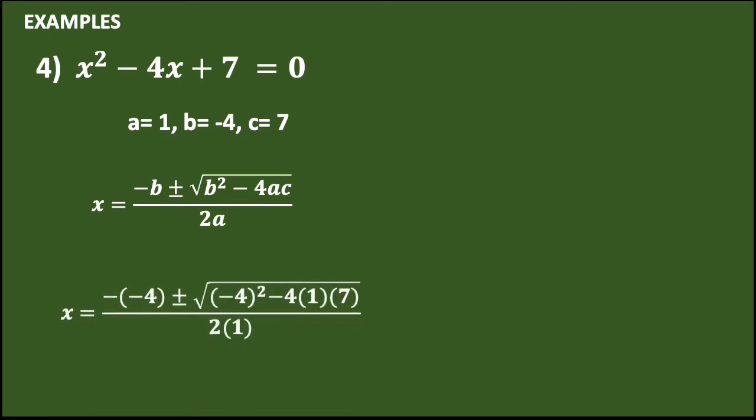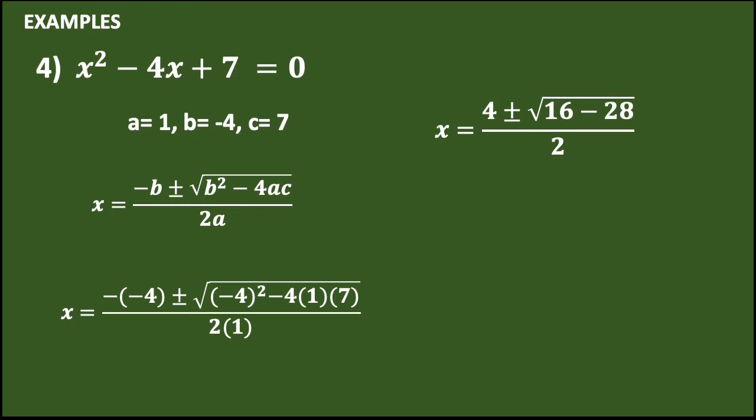We have negative times the quantity negative 4, plus or minus the square root of the quantity negative 4 squared minus 4 times 1 times 7, divided by 2 times 1. Let us now simplify. We have negative times negative 4, we have positive 4. Plus or minus the square root of negative 4 times negative 4, we have 16.